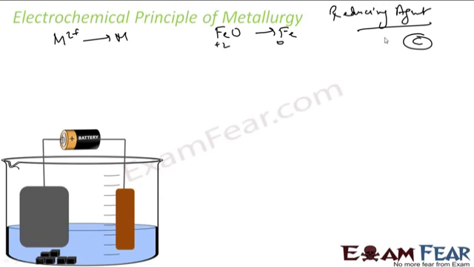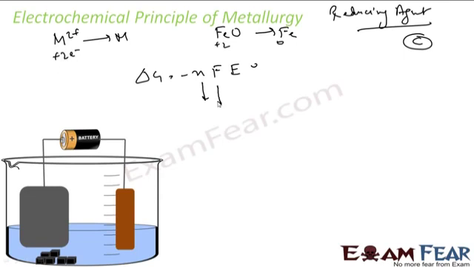Actually, we can also reduce the metal oxide by supplying electrons. For example, in this case you supply 2 electrons, M2+ with 2 electrons will become metal M. So by electrolysis we can do this. If you see the Faraday law, delta G is nothing but minus nFE naught. n is the number of electrons required. For example, here you have 2+ charge, so 2 electrons are required to reduce.